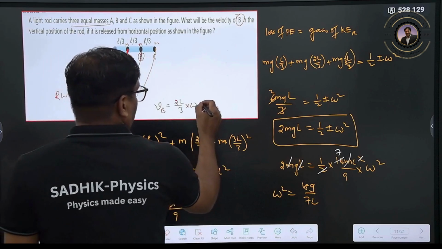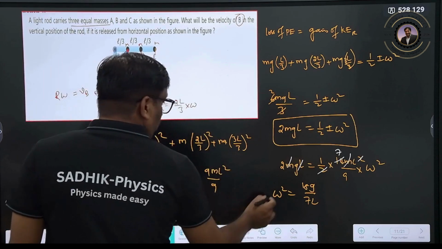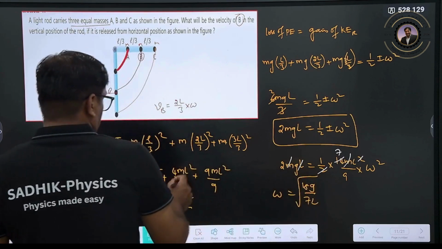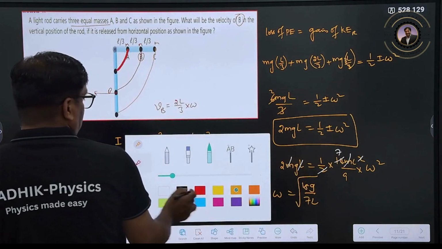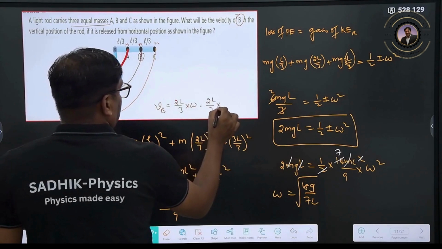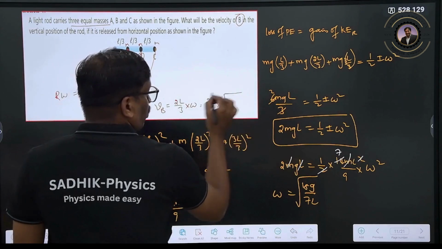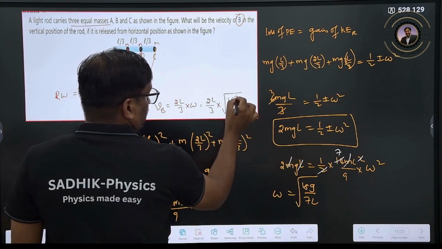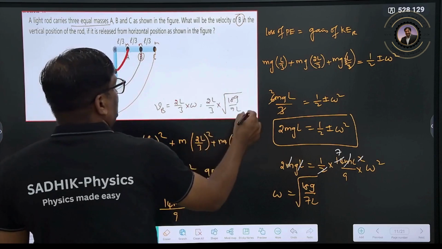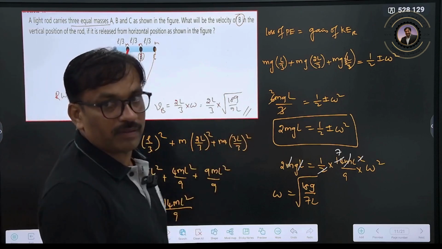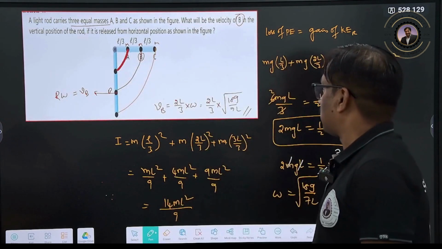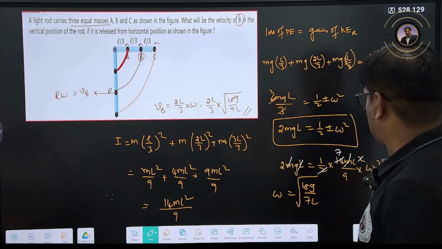So you can apply the root here. At this point, 2L by 3 into omega is nothing but the root of 18g by 7L. So take this one inside and simplify as per the given requirement, you can solve it. Whatever answer is asked, this will be your answer, clear?